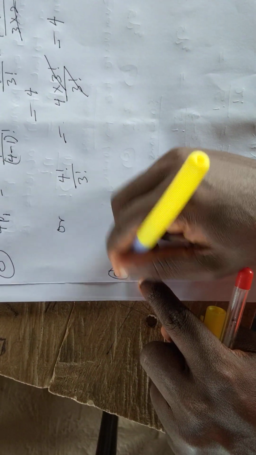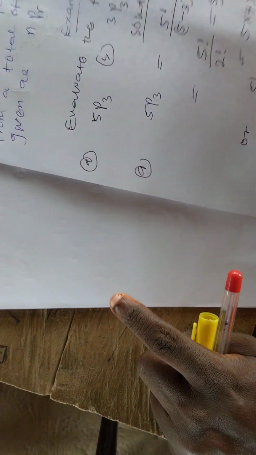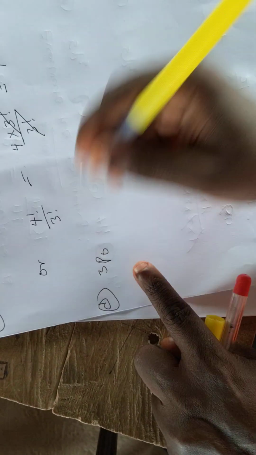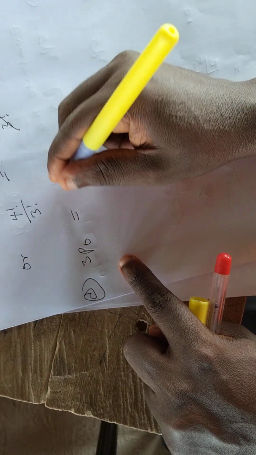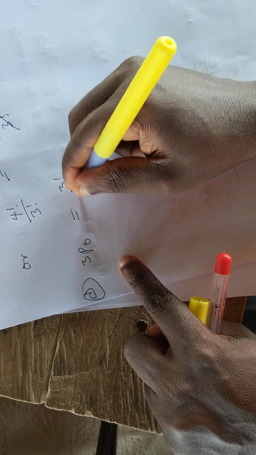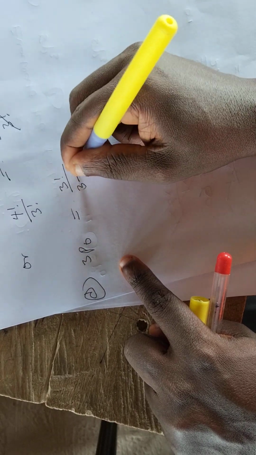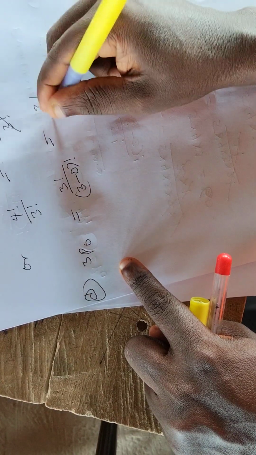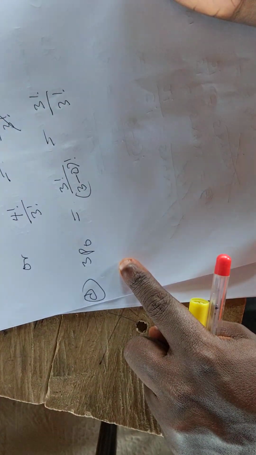Then D, we have 3 permutation 0. Now this is 3 factorial over 3 minus 0 factorial, so this is 3 factorial over 3 factorial.